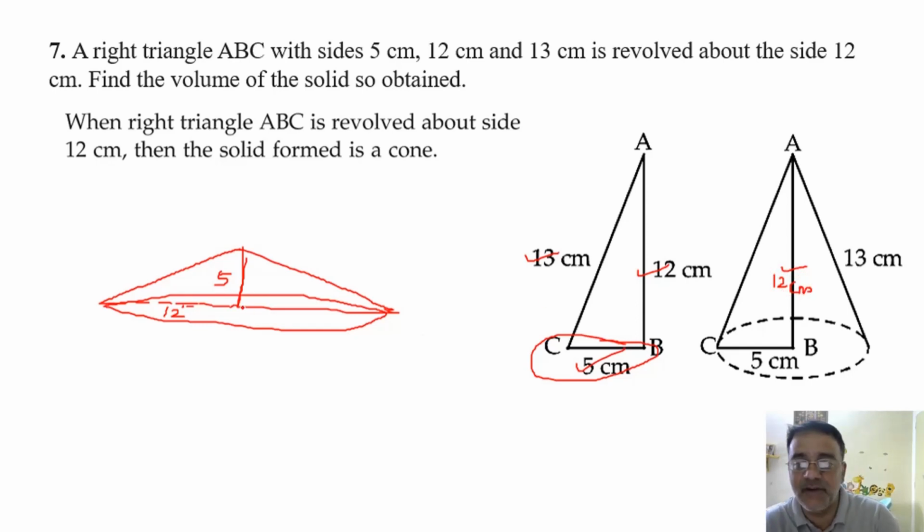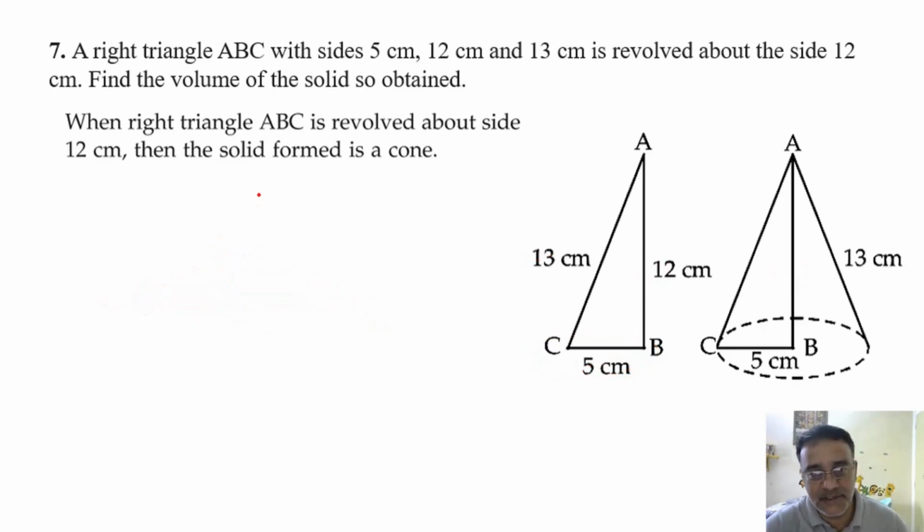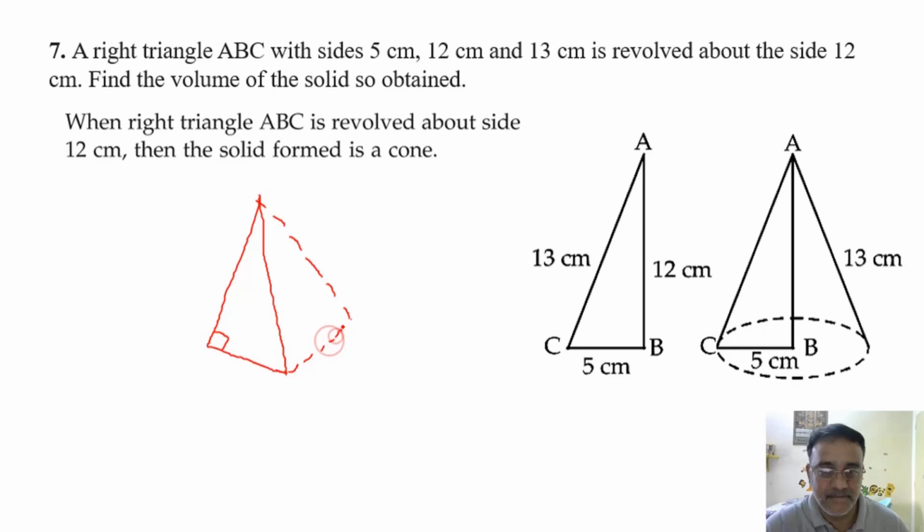So it can be revolved around the hypotenuse also. Hypotenuse में जब revolve करेंगे तो थोड़ा ध्यान से देखो. This is a right triangle. So in this case what we are going to get?